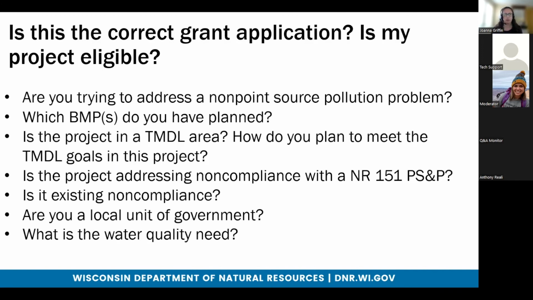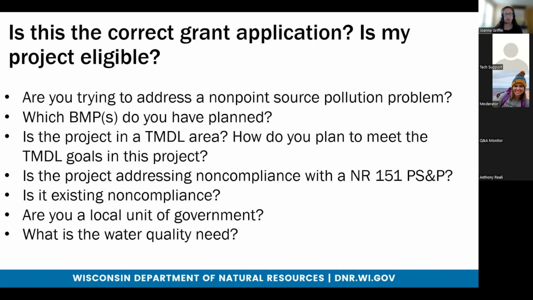And then having that justification and that documentation of that existing non-compliance makes that manure storage eligible. And then, as Joanna pointed out, we do have the ability to fund up to 20% expansion. So we don't start talking about the math until we know that we have existing non-compliance with a performance standard, because we can't fund new non-compliance essentially.